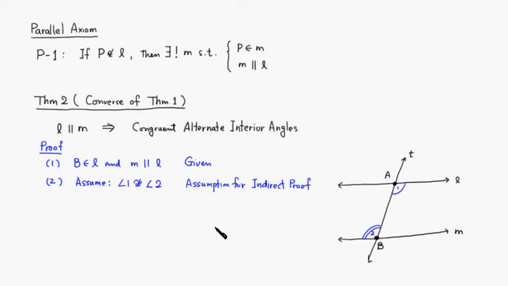All right. So if that's the case, we can find a ray, let's say BC.